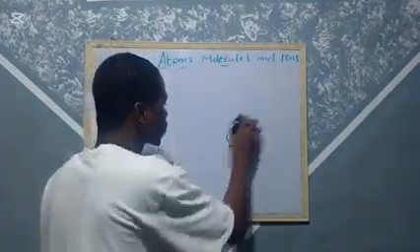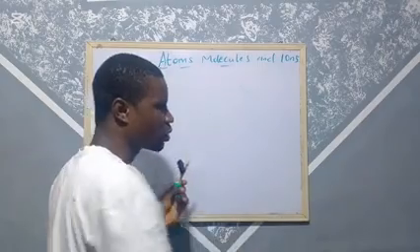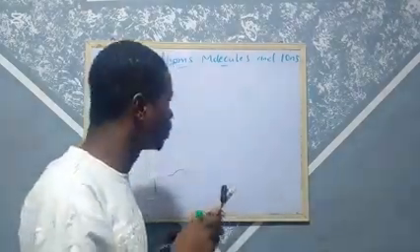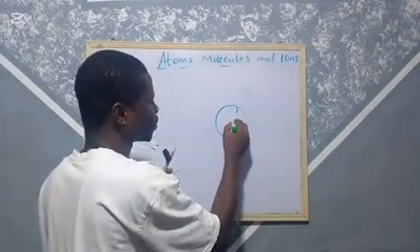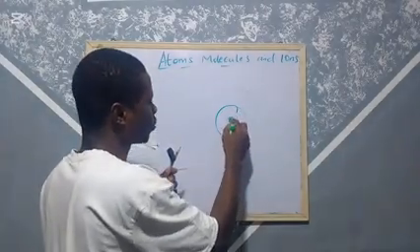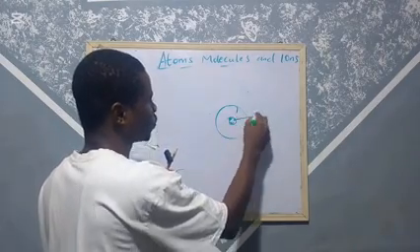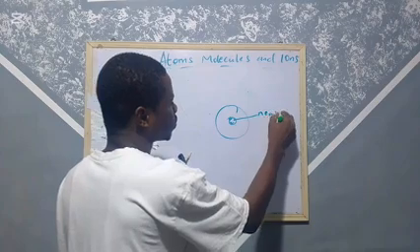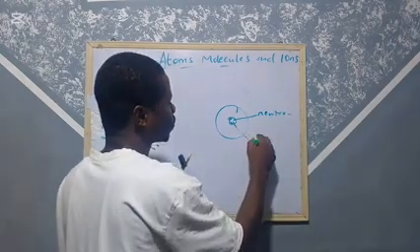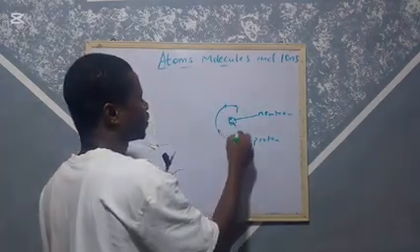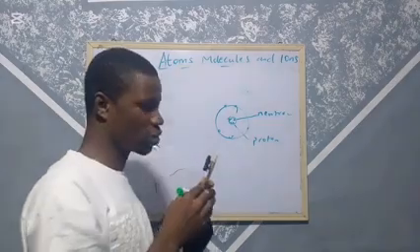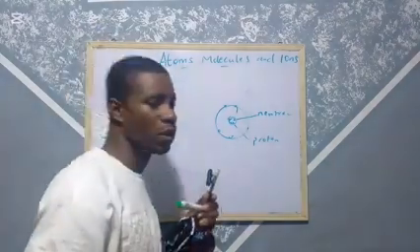Okay, so let's come back to atoms, discussing the structure of an atom. According to Rutherford, an atom is made up of a central portion which consists of the neutron and the proton. Then you have electrons revolving around it. This central portion is what is called the nucleus.